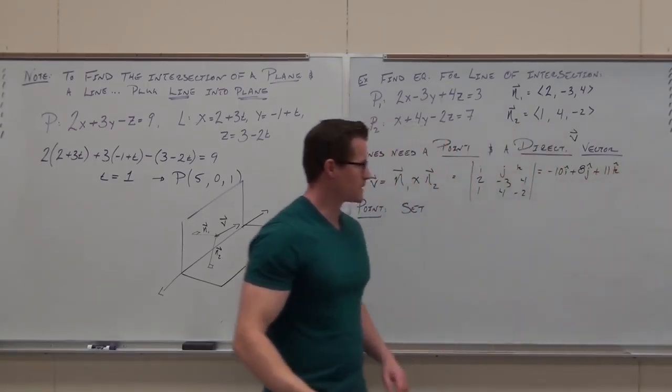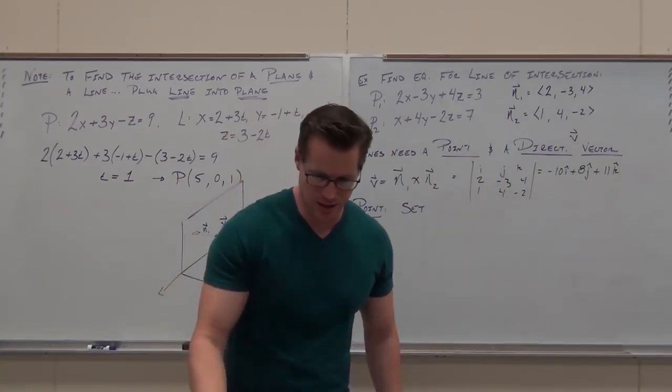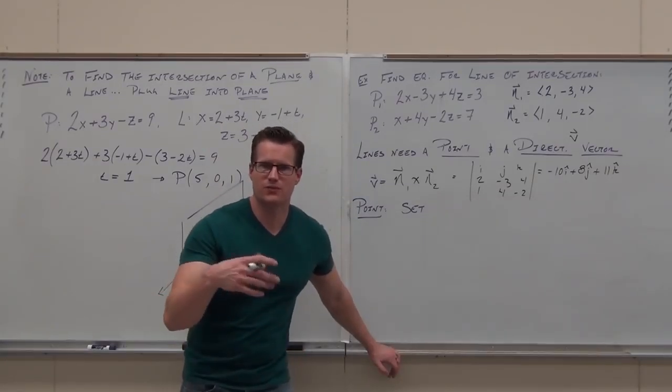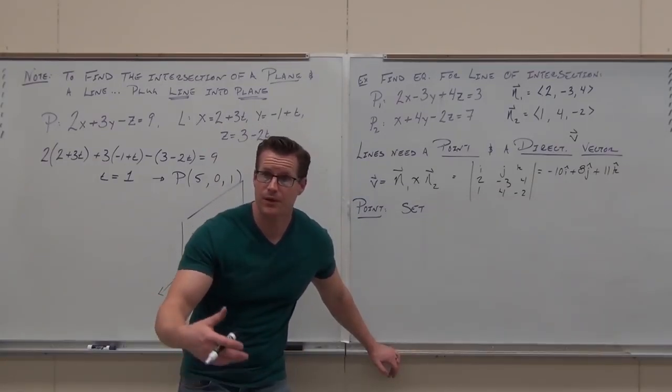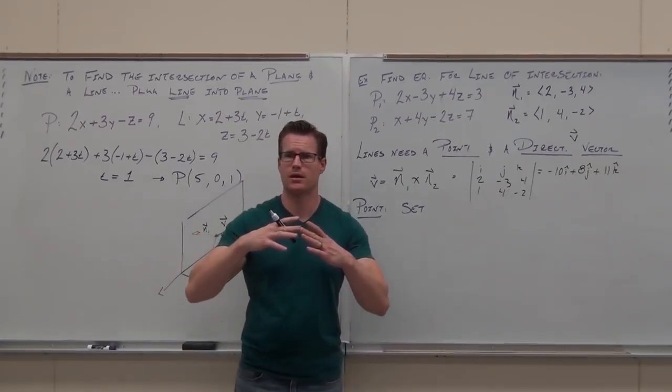I got negative 10i plus 11j plus 8j plus 11k. Looks like that's what I got here too. Did you guys get the same thing that I got? What is it that we just found? Direction vector. Cross product, but in this case it stands for the direction vector of our line.